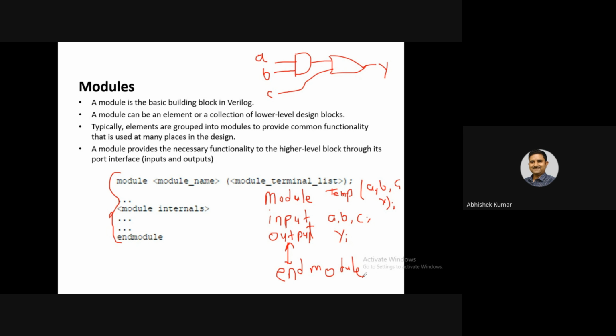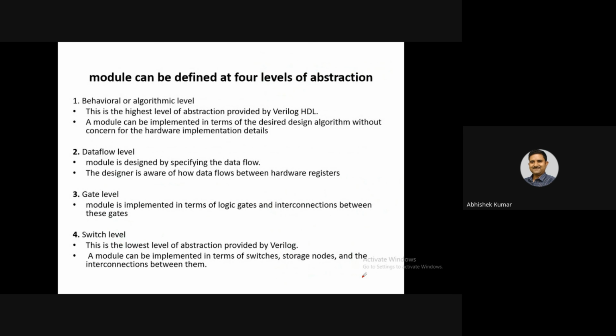Shall I move to the next slide now? There are four types of abstraction levels. The term is level of abstraction, or way of writing the program. There are four different methods through which we can write the program. The first method is the behavioral or algorithmic model.